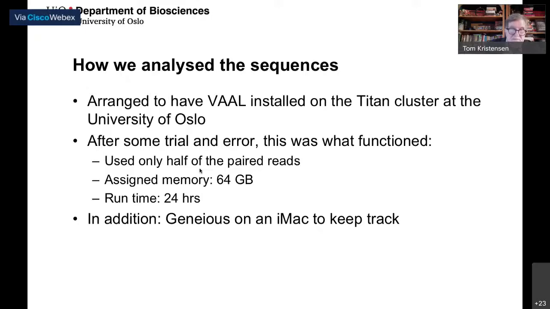And even with only half the reads, the program would use 24 hours in order to map the reads to the reference genome and detect differences between the reference genome and the mutant DNA. And in addition, I used a program suite called Geneious on an iMac to keep track of what was happening and get nice illustrations of the mapping process and so on.